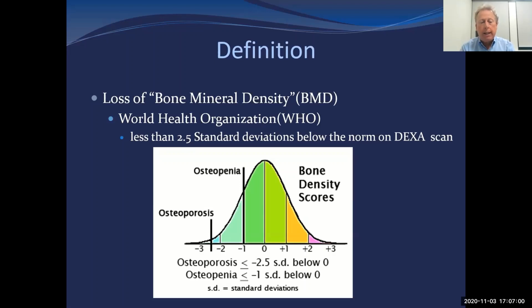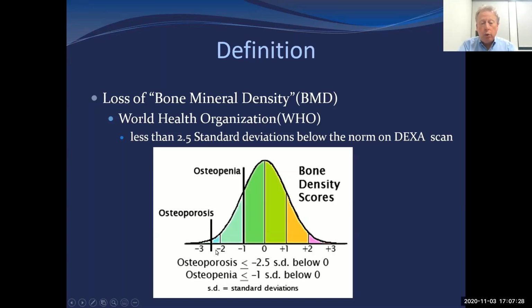The World Health Organization shows this graph, and this is a bell curve of bone densities, where the 0 point is here in the middle, and that is the normal, and anything on this side of the normal is an elevated bone density, and on the other side is a loss of bone density.